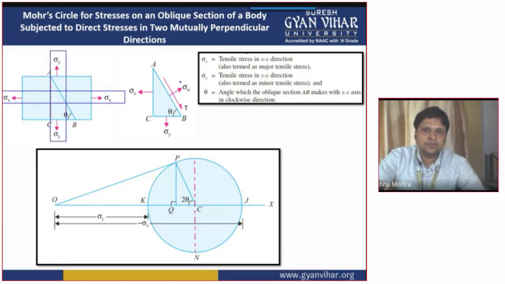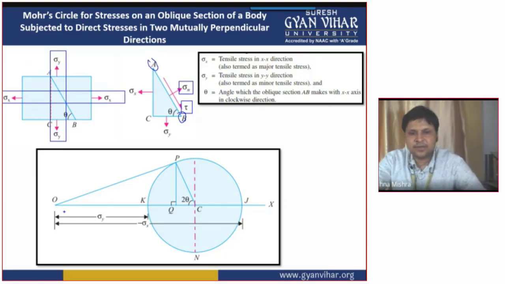In such cases, if we have to calculate the normal stress and shear stress acting along any inclined plane AB through the Mohr circle, what will we do? First of all, students, we start in the same manner as in the previous case.